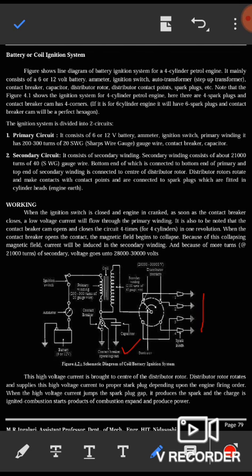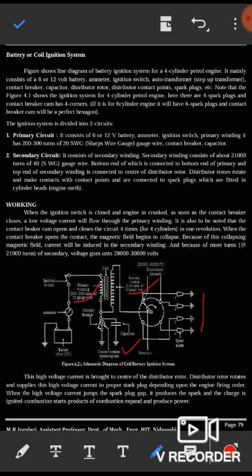These are the contact breaker operating cam, with four corners. The ignition system is divided into 2 circuits: the primary circuit and the secondary circuit. This is the primary winding, and we have the secondary winding. So likewise we need 2 circuits.